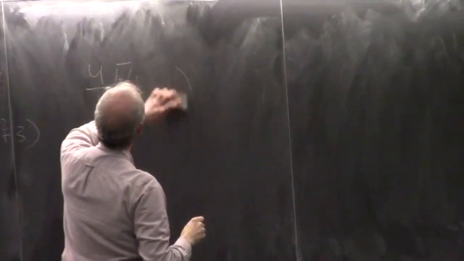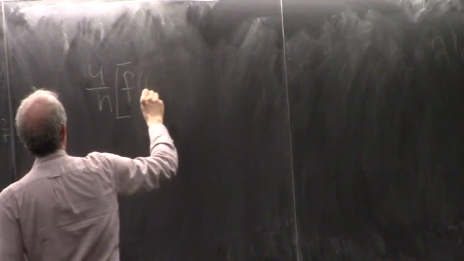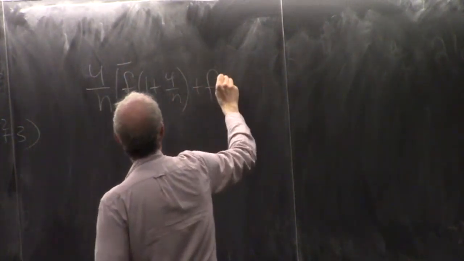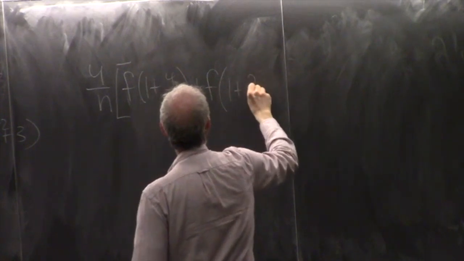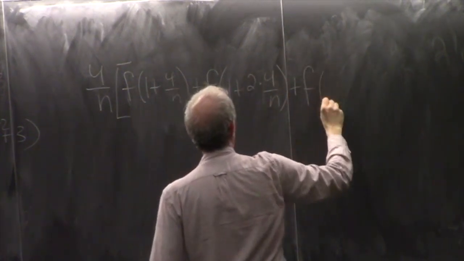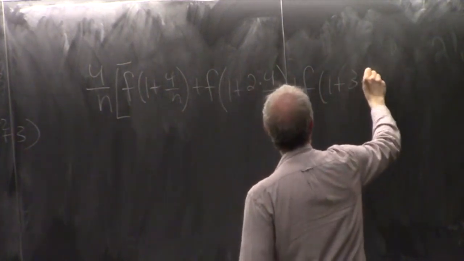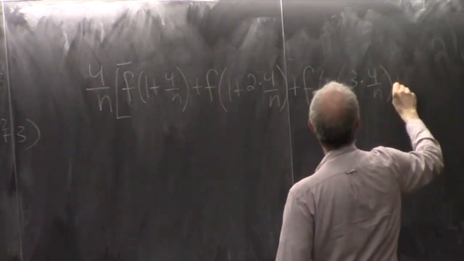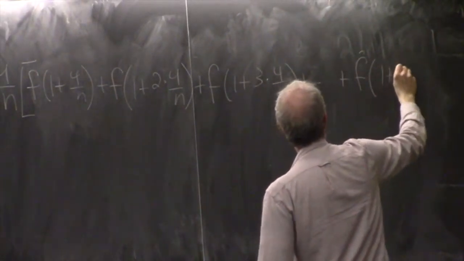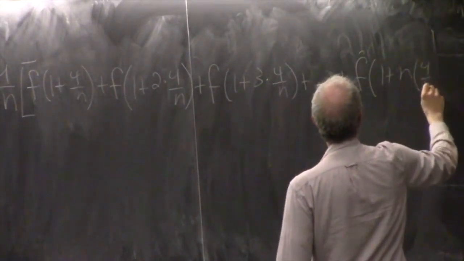So you're going to do f of 1 plus 4 over n. Then you're going to do f of 1 plus 2 times 4 over n. Then f of 1 plus 3 times 4 over n. And you can go up to f of 1 plus n times 4 over n.